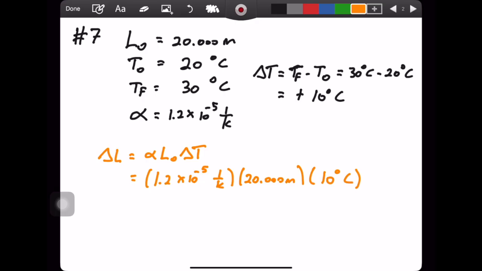And so notice how you have, for the coefficient of linear expansion, a 1 over K, and you have Celsius for the temperature. You might be like, well, how does the Celsius cancel out the Kelvin? Well, it does because they're both units of temperature. They just have different 0 points. So they very much have the same units.